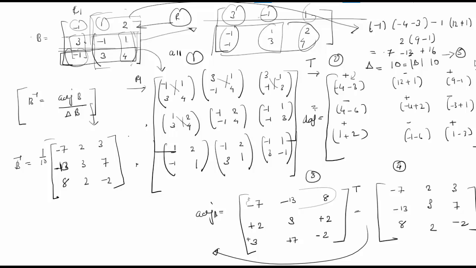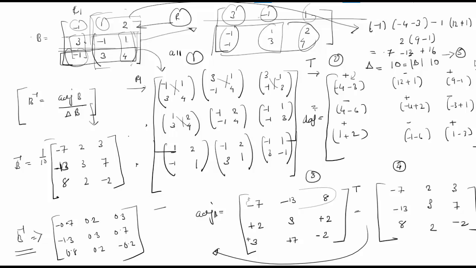What I will get is B inverse, which is equal to minus 0.7, 0.2, 0.3, minus 1.3, 0.3, 0.7 and 0.8, 0.2 and minus 0.2. So this is my B inverse.